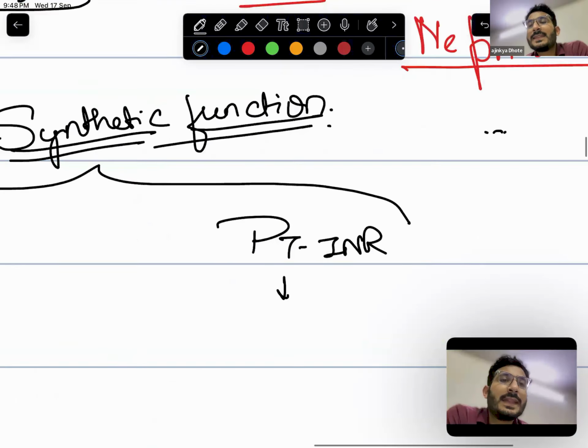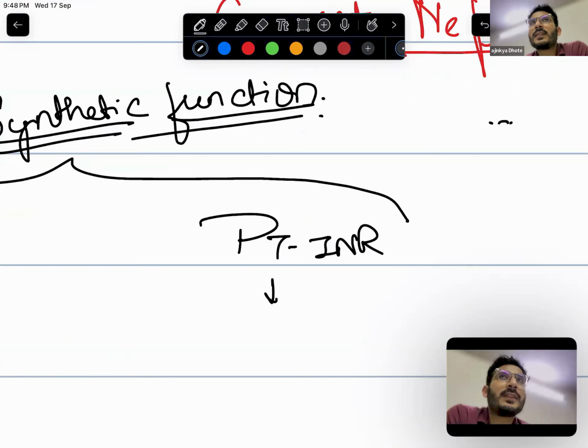Next is your PT/INR. PT/INR, as you all know, is a marker of the coagulation status of the body. It is again seen as a synthetic function of the liver. INR is mainly because of the extrinsic pathway, mostly factors 2, 7, 9, 10. Please correct me if I'm wrong, this is what I remember.